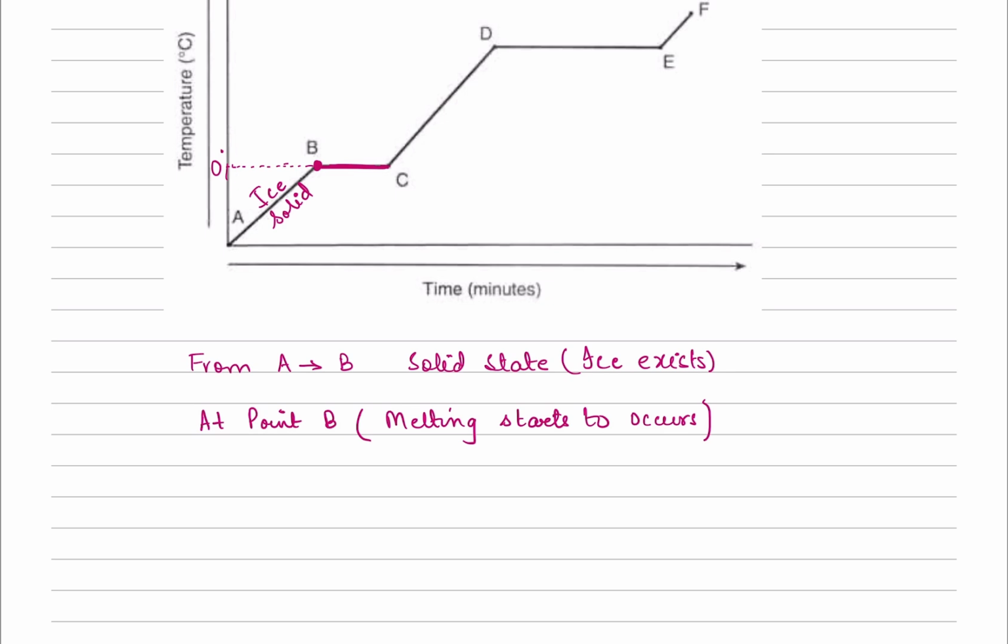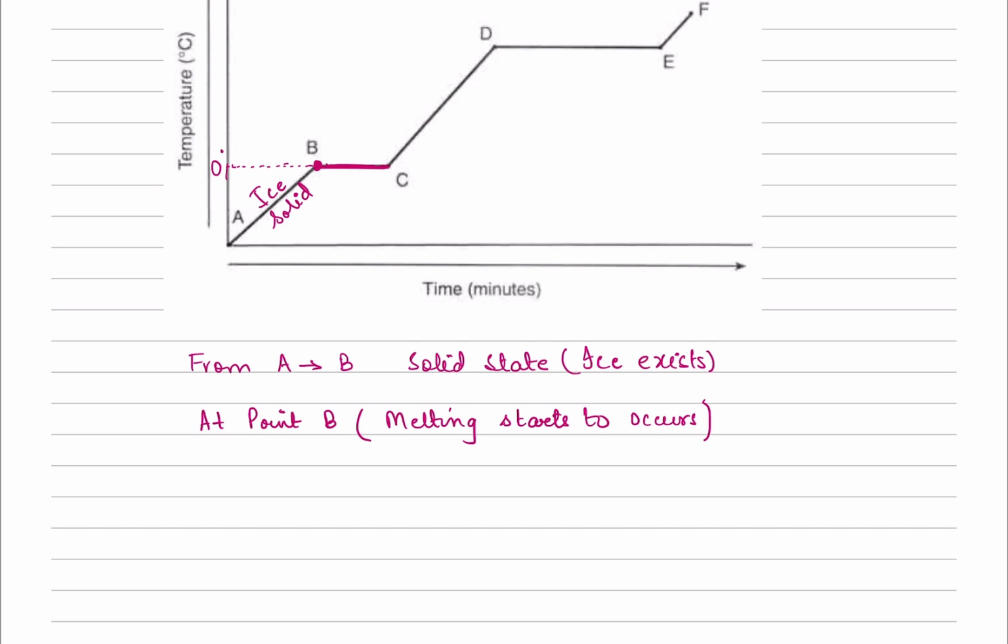So what is happening? At point B, melting starts to occur, and I told you that melting occurs when the solid particles or molecules break free from their fixed positions and weaken their intermolecular forces of attraction. So forces of attraction are being overcome here, and the heat is used to weaken the forces of attraction.